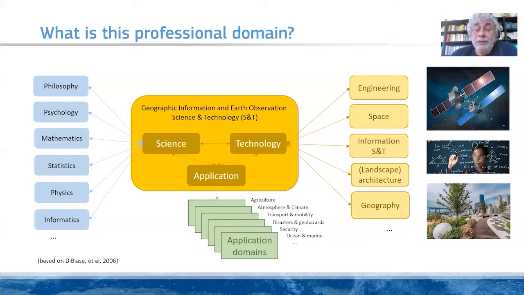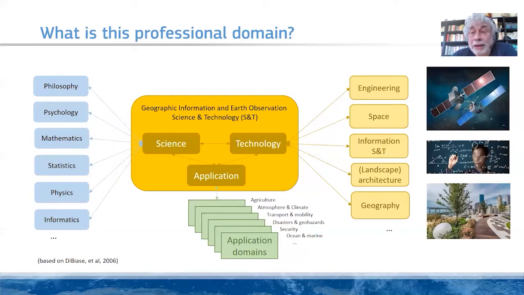And then at the bottom of the figure, you can see that since we also focus a lot on the application of the technology and the science in our domain on particular cases, the application domains themselves are also of utmost importance. There are a few mentioned here in the slide, but there are of course a lot more, going from agriculture over climate, transport, mobility, security, disaster management, etc.